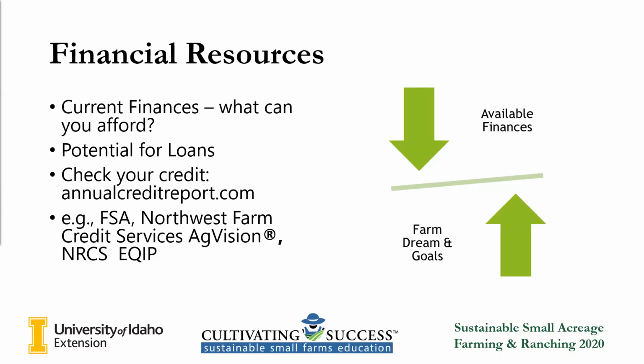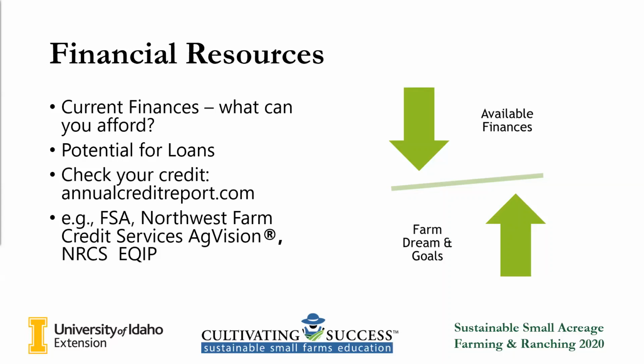You can just do a Google search and find that. There's the NRCS, which is the USDA Natural Resource Conservation Service. They have a lot of resources out there. And they have an EQIP program. So you're entering the world of acronyms to a degree.